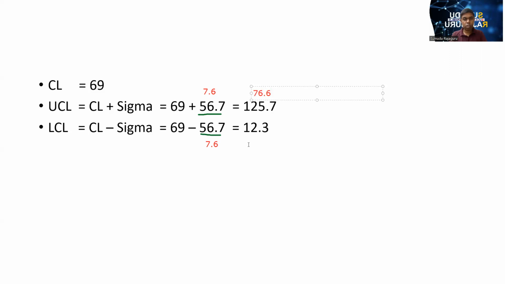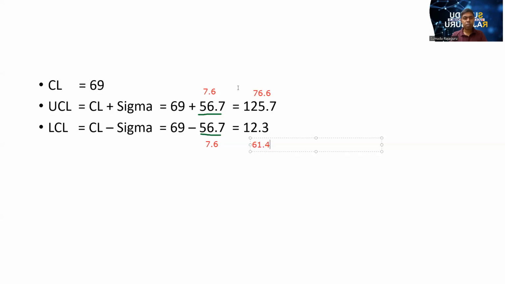Then what is the lower control limit? Lower control limit equals center line minus sigma. Center line 69 minus 7.6 is 61.4.